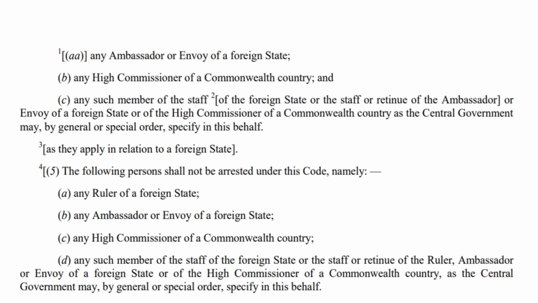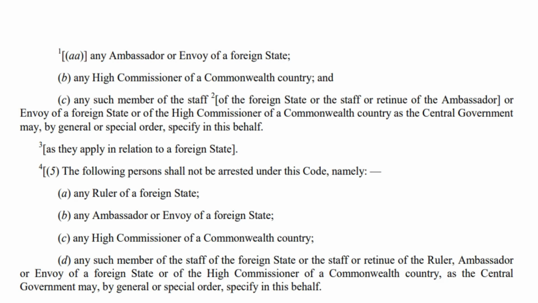The third is point B, any high commissioner of a commonwealth country. Generally, commonwealth country means the countries which were governed by the British or the colonies of British people. Generally, those countries together are called commonwealth countries. Let us move to the next point, point C. Any such member of the staff of a foreign state.